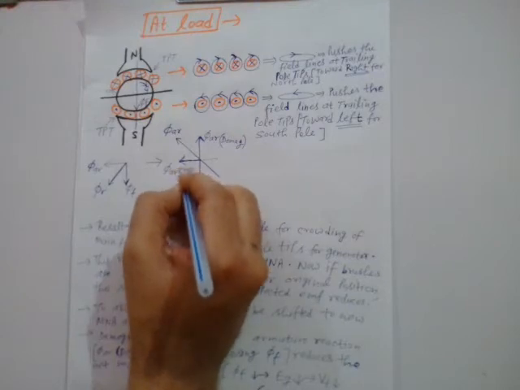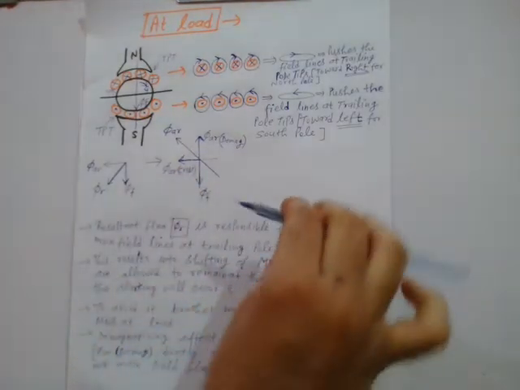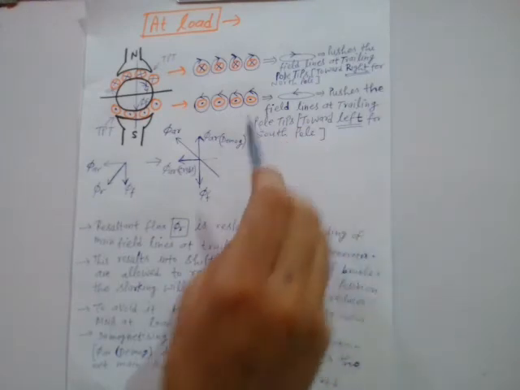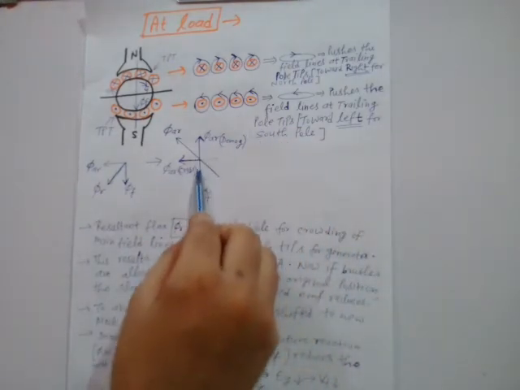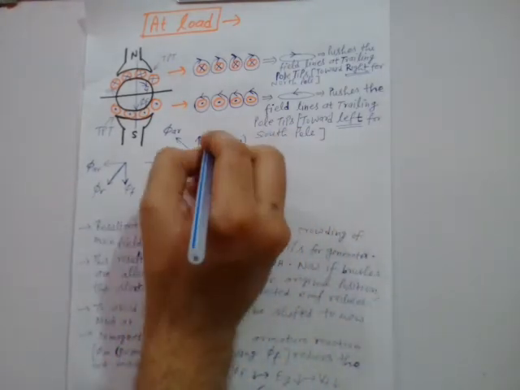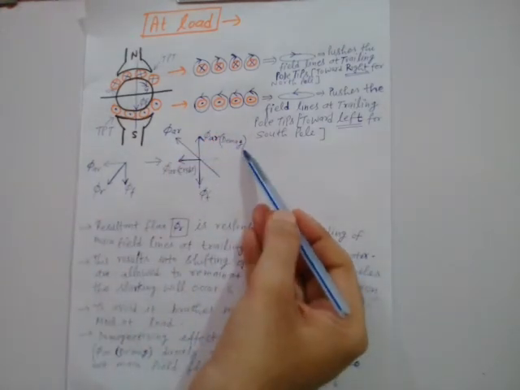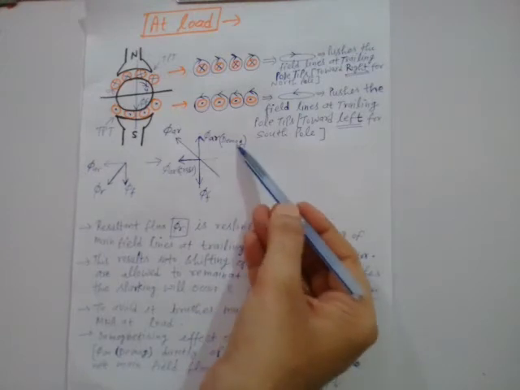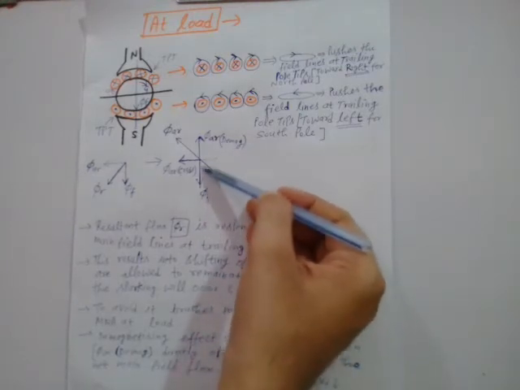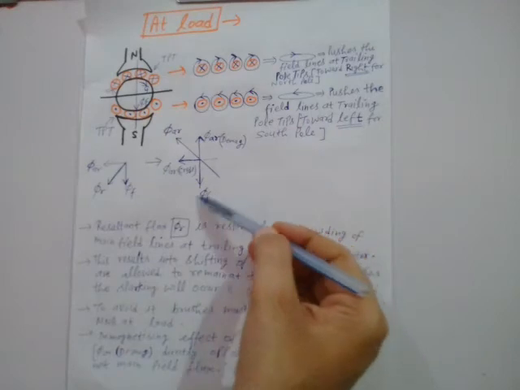So just have a look at it. This vertical component of the armature reaction flux, that is phi AR, is called demagnetizing flux. Why demagnetizing? Because it is directly opposing this main field flux phi F.